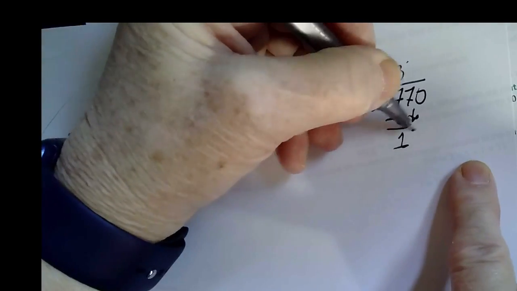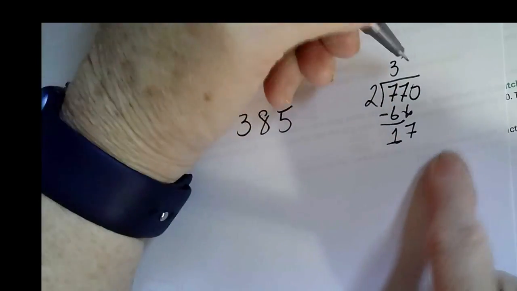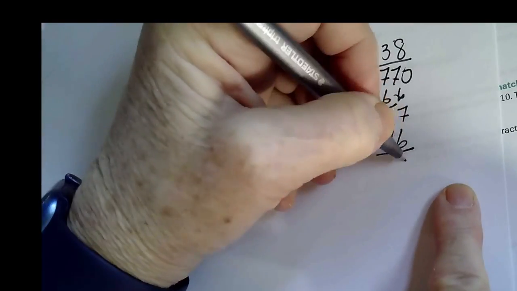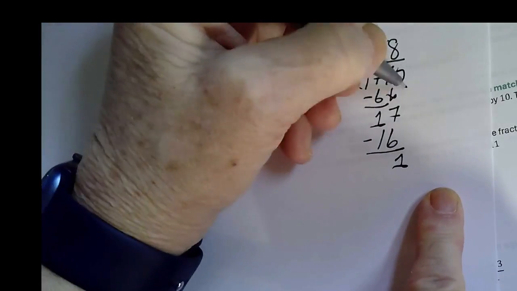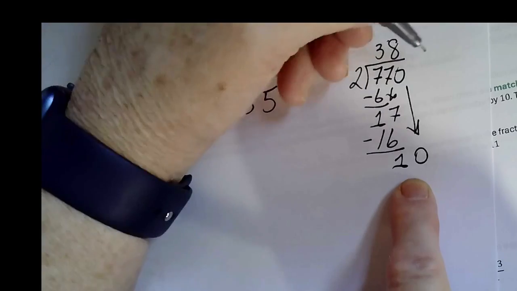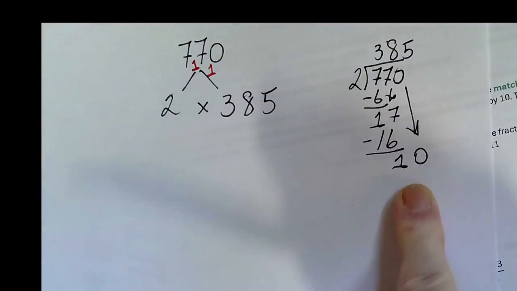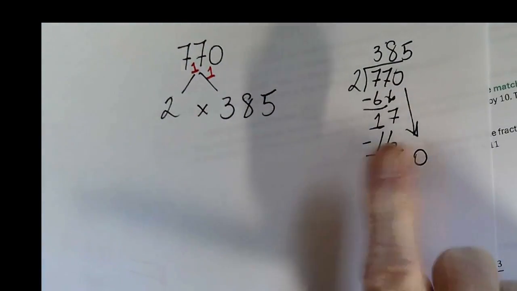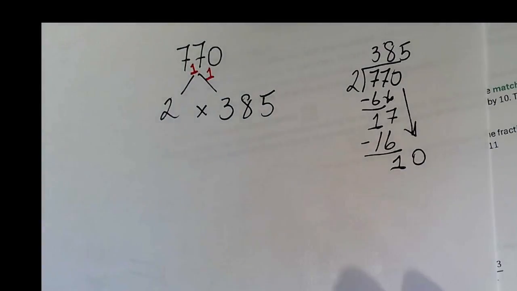Bring down the 7. 2 goes into 17 8 times. 2 times 8 is 16. Subtract: 17 minus 16 is 1. And then bring down the third number. 2 goes into 10 5 times. The thing I like about this method is that it's all contained in the original problem.